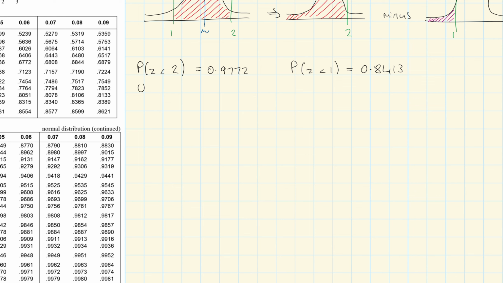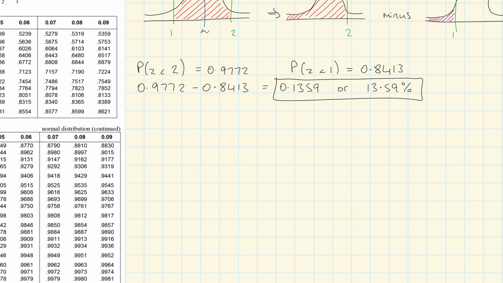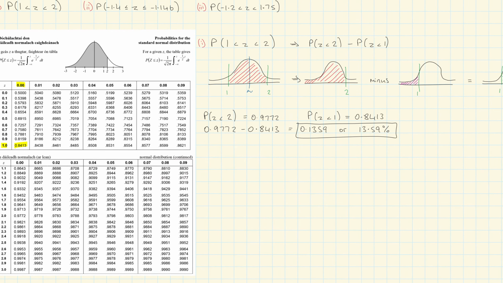And now we'll subtract 0.9772 minus 0.8413 into our calculators. And we get 0.1359 or 13.59%. Okay, that's part 1 answered.